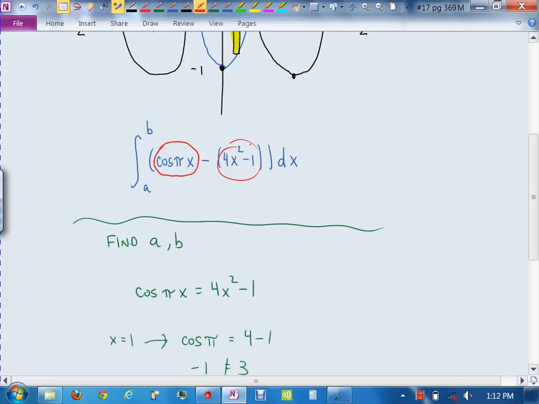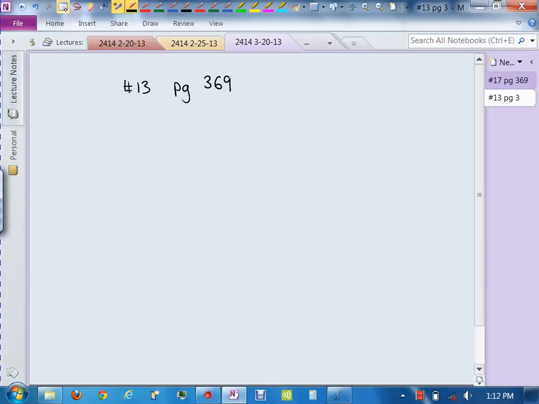Yes. Same section? Okay, number 13. Page 369. Thought I did this one. Hold on. I did, right?